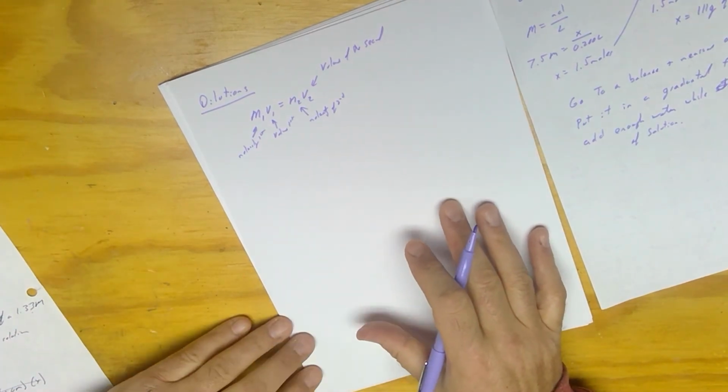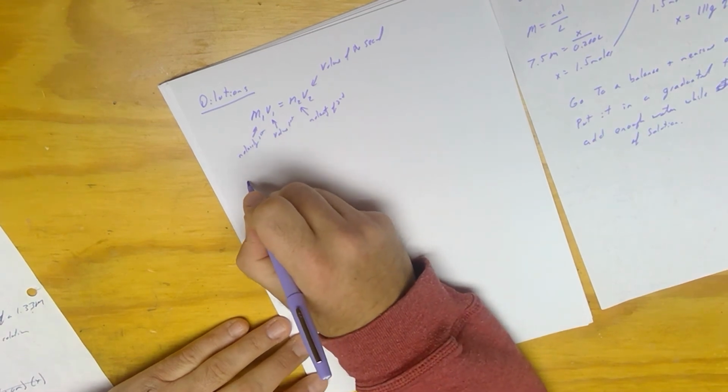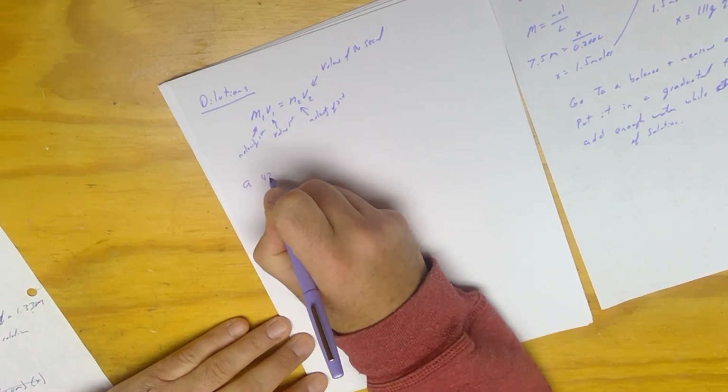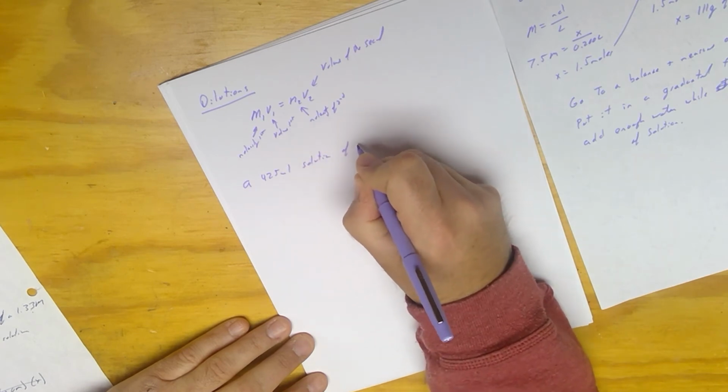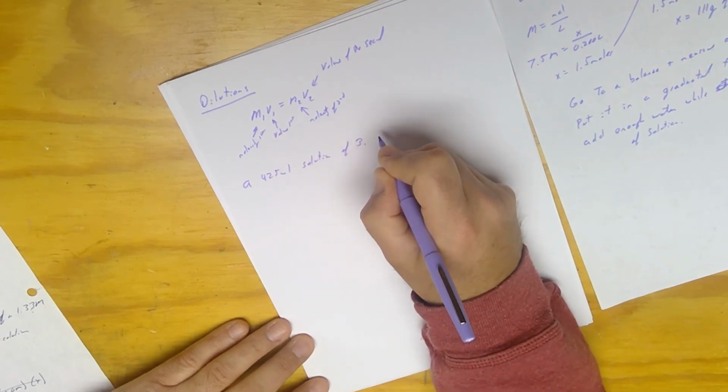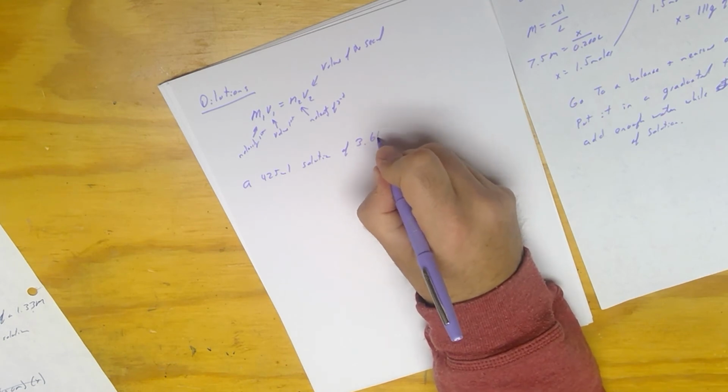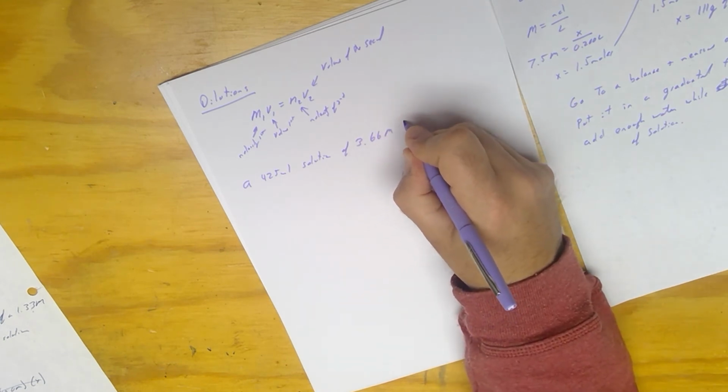Well, let's try a problem. Let's say we have a 425 milliliter solution of 3.66 molar HCl.